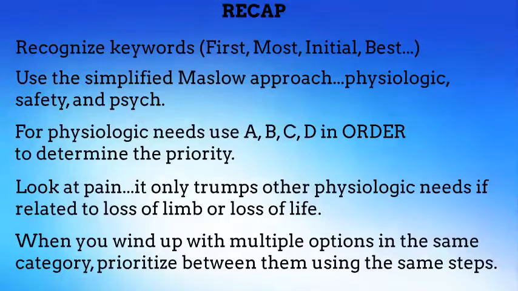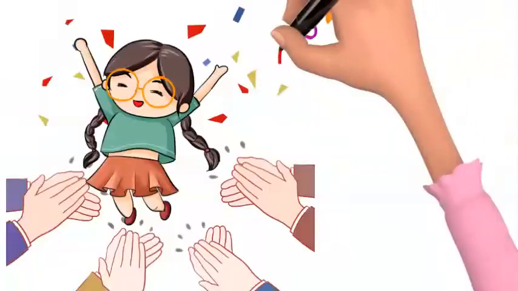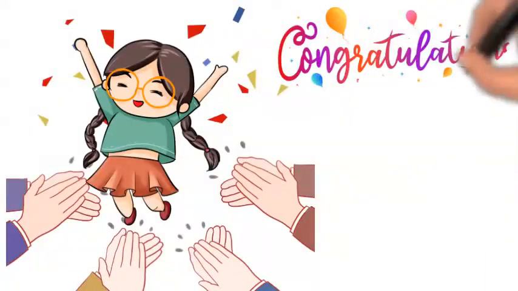That is, airway, breathing, circulation, and decreased mental status. When you come across a pain item, remember that it only trumps the other sections if it is related to loss of limb or loss of life. And lastly, when you wind up with multiple options in the same category, prioritize between them using the exact same steps.